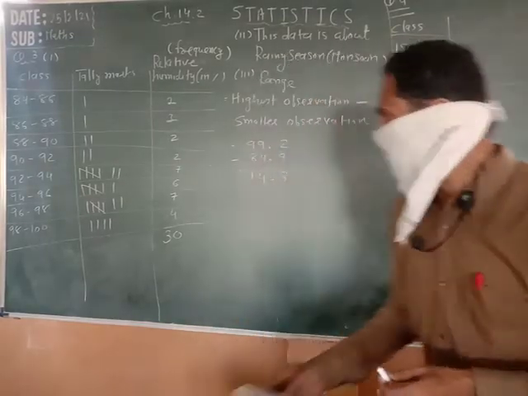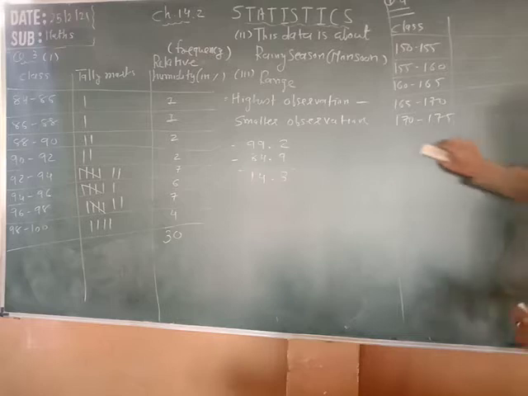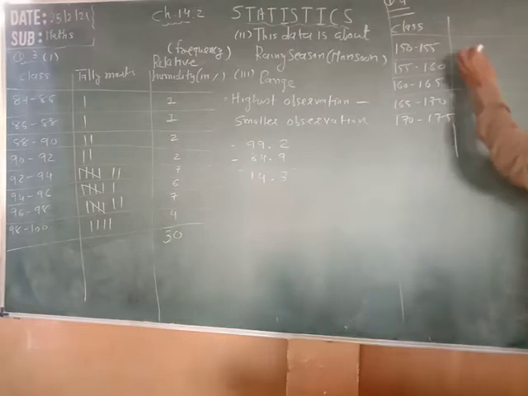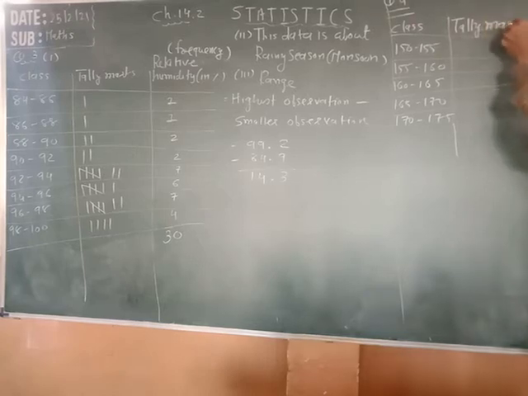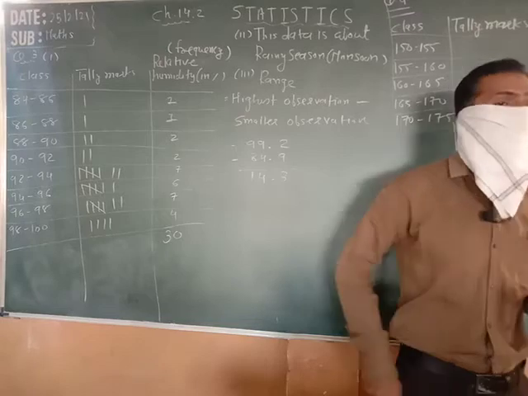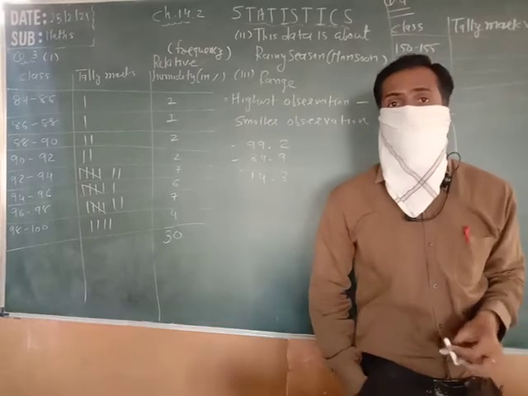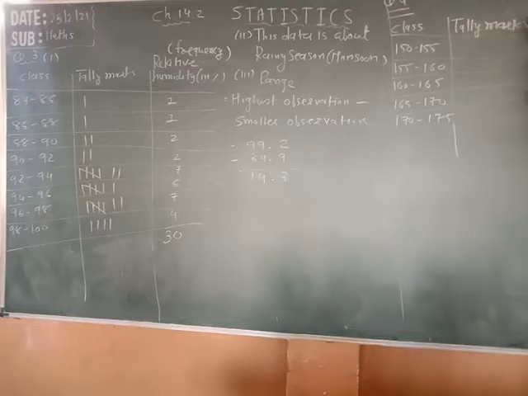That's it, no need to write beyond that. Then our next column is the tally marks. What is this data about? The height of students.